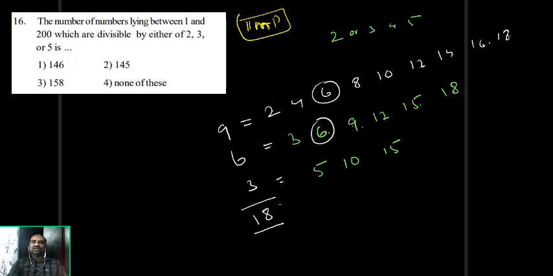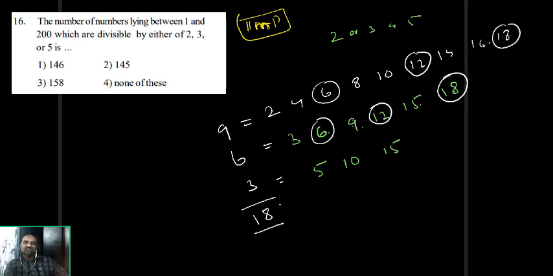Like that, the number 12 is counted 2 times. 6, 12 and 18 are counted 2 times. Next, 10 is counted 2 times. See here, 10 is counted 2 times.